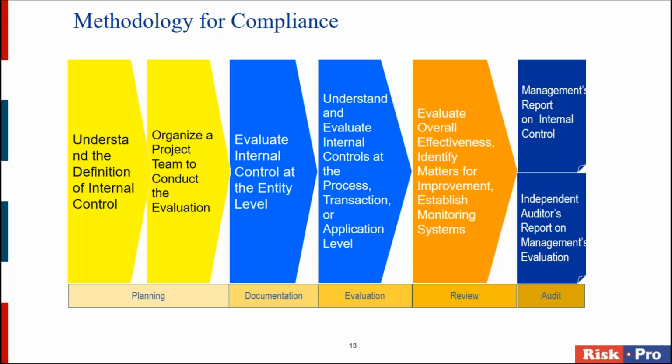Next stage is the documentation part. As part of documentation, we have to evaluate the internal control at the entity level. Once we do that, we have to understand and evaluate the internal controls at the process, transaction, or application level. This will include the entire processes, transactions, and what all applications are being used.